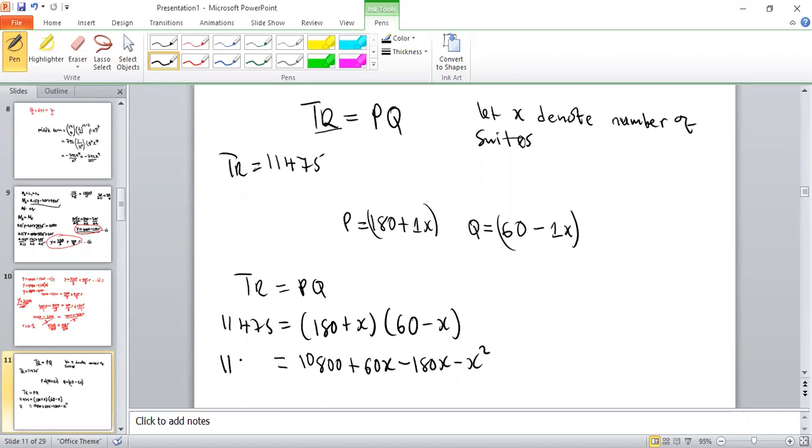And it was 11,475. Then we can simplify that. These two are like terms. So we have 10,800, minus 120x, minus x squared.